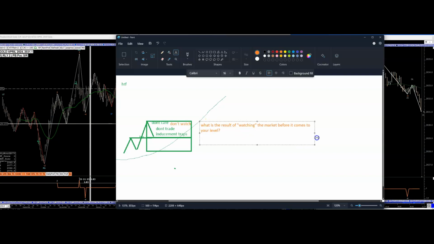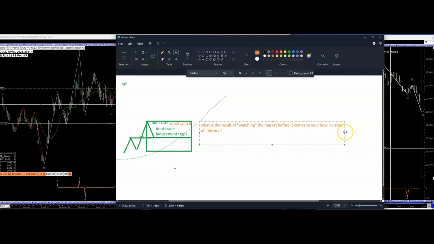All right, and I want to point this out because no one talks about it. What is the result of watching the market before it comes to your level or area of interest to find trades? One, it's going to lead to losses.